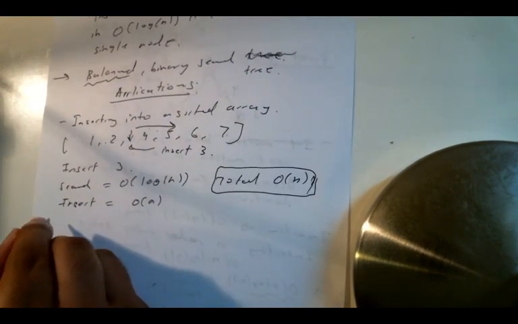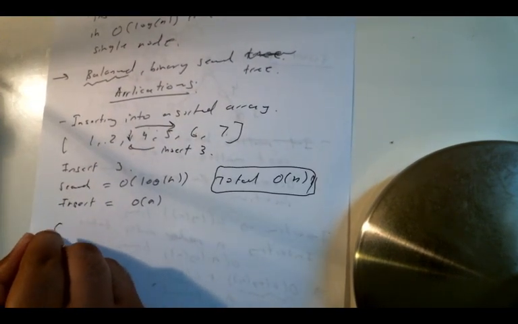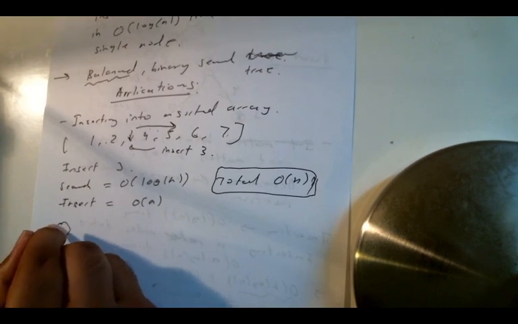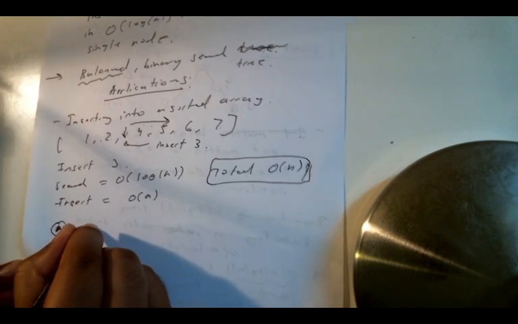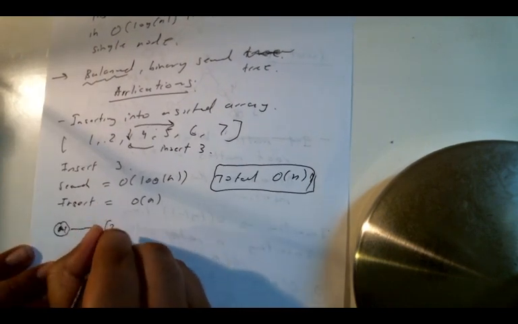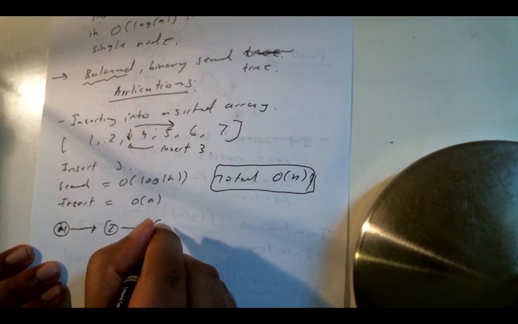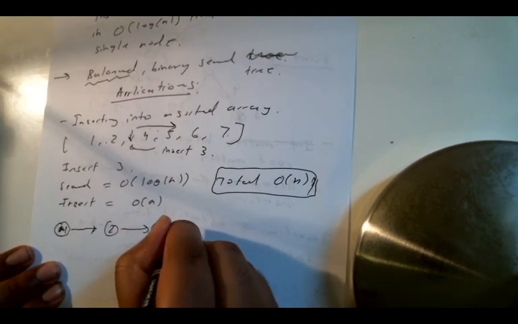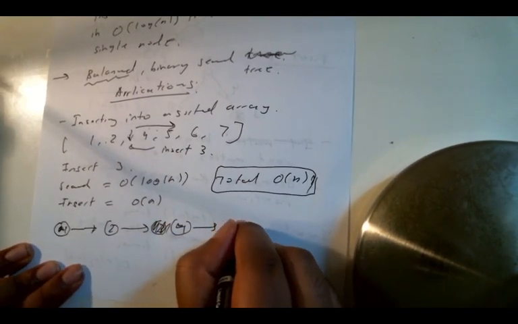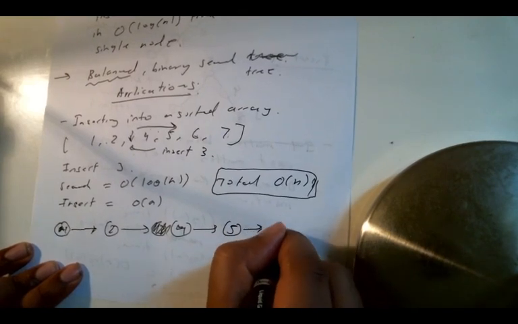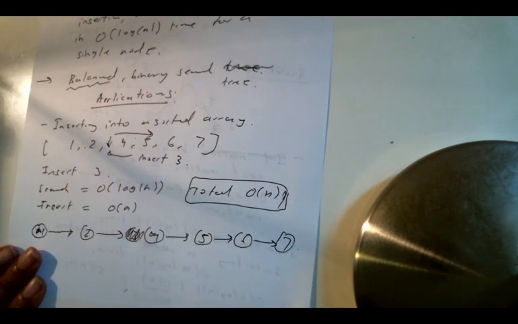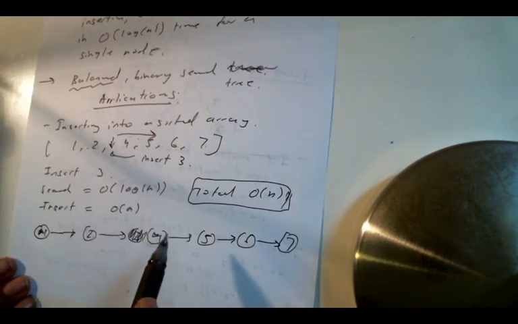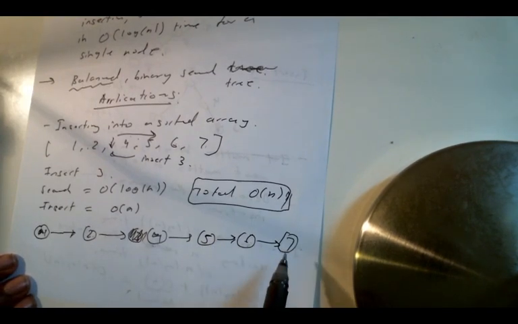For example, we have a structure with pointers: 1 is pointed to 2, which is pointed to 4, which is pointed to 5, which is pointed to 6, which is pointed to 7.